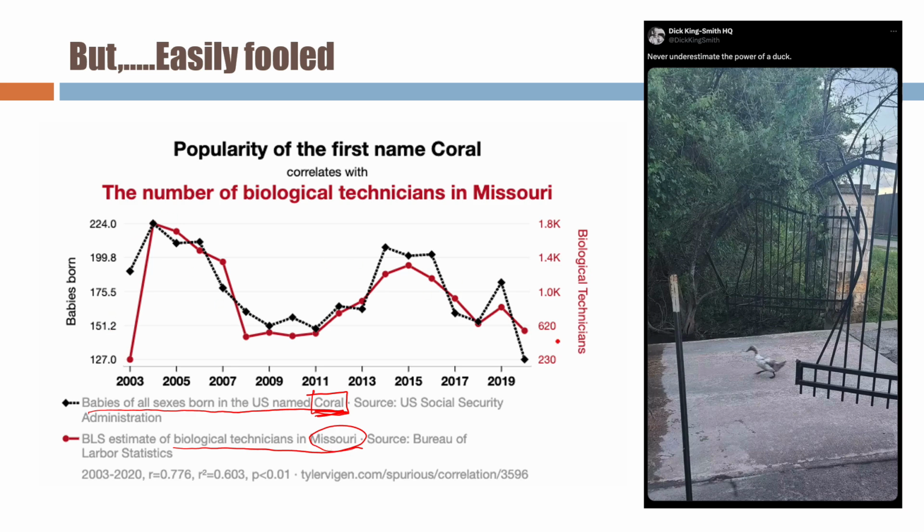The number of biological technicians in Missouri has the same tendency. Which means that if a lot of people name their baby Coral, we will have a high number of biological technicians in Missouri. That doesn't make sense, but they actually have a high correlation. Whenever one goes up, the other also goes up, and when one goes down, the other also goes down.